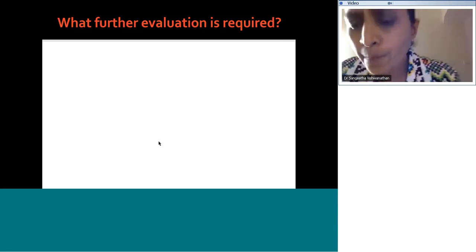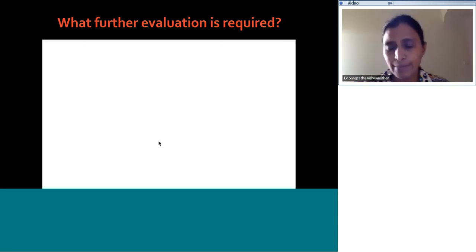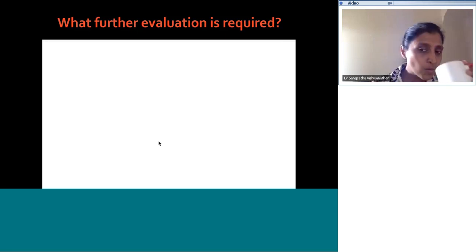Pulse pressure, okay. Maybe, but what you would do is measure the BP in supine position and standing position, because you're looking for orthostatic hypotension. Okay, so who can define orthostatic hypotension for me?